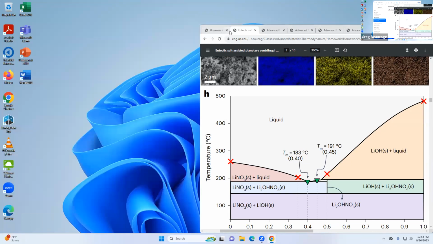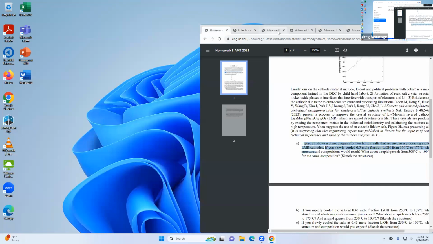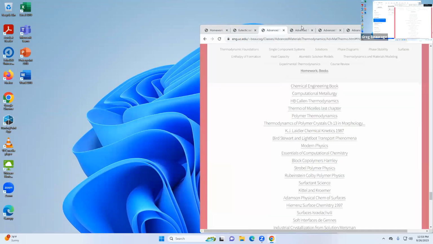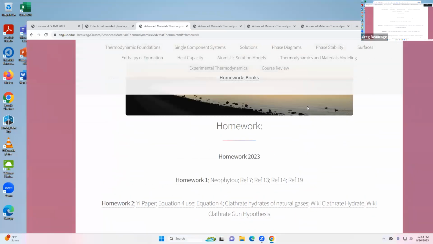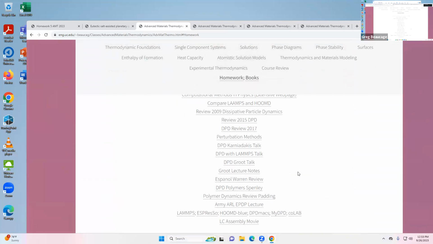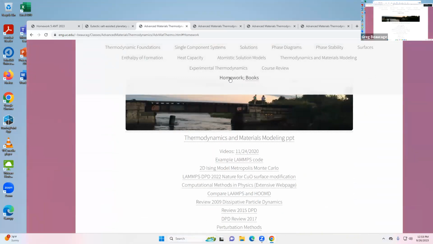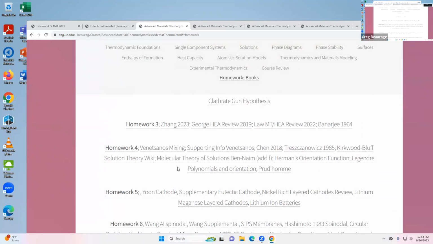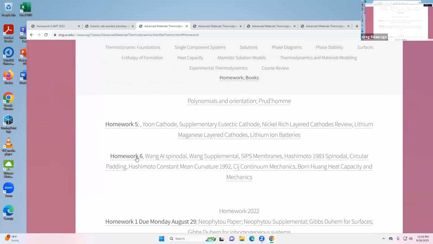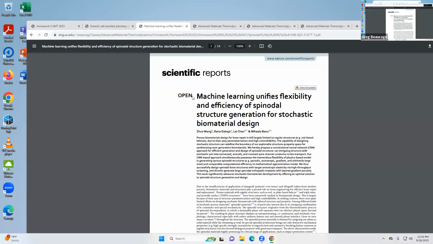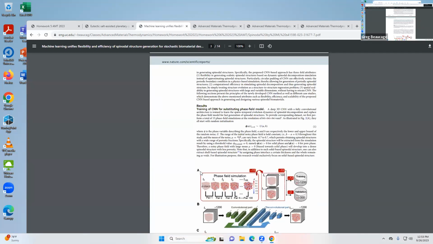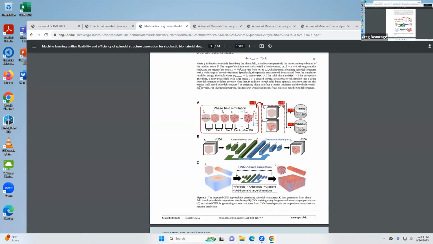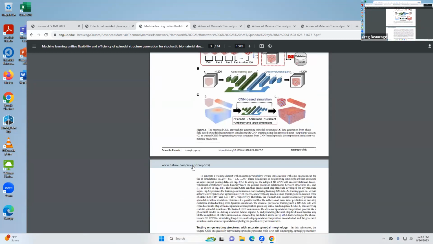All right, so get rid of that. This week's homework is similar to that in that it's a topic. I'm going to talk about spinodal decomposition. This guy's doing artificial intelligence, like machine learning, and also a Nature paper, so you get a little bit about machine learning stuff too.